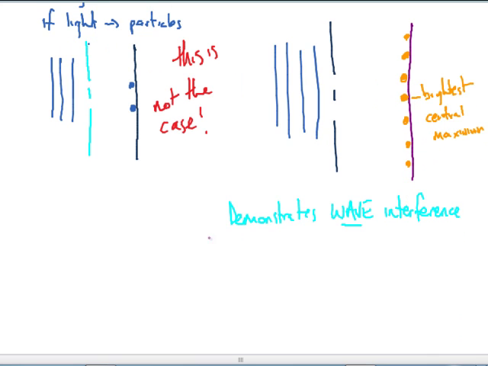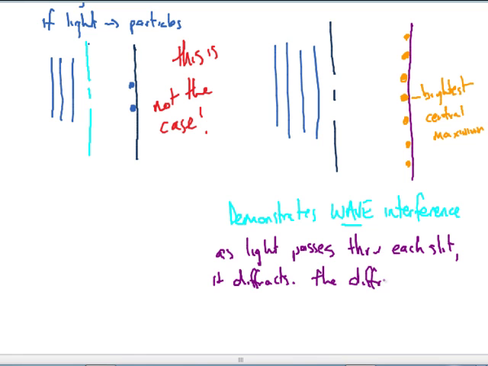So how is it demonstrating? So as the light passes through each slit, it diffracts.